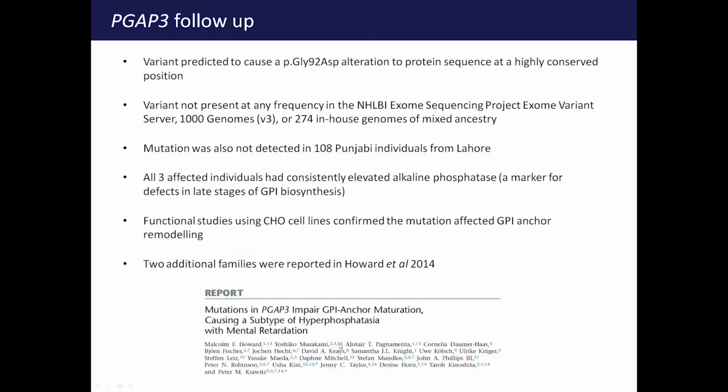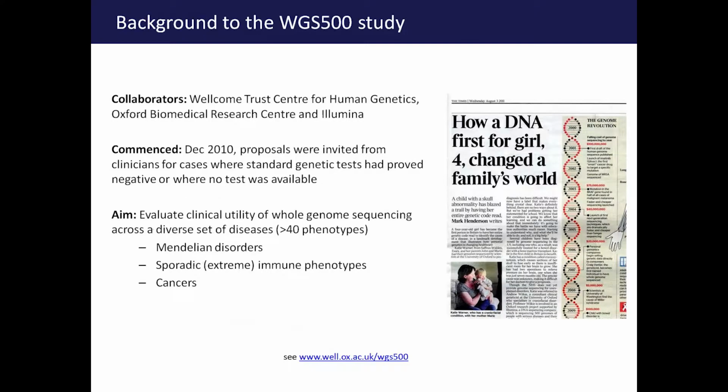We also collaborated with a group in Berlin who had, at pretty much the same time, identified 2 other families with biallelic mutations in this gene, and pretty similar phenotypes, and we all wrote this data up together, which was published in January this year. So that was the second case finished.